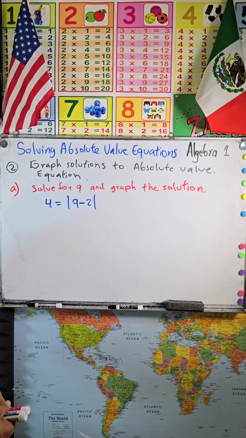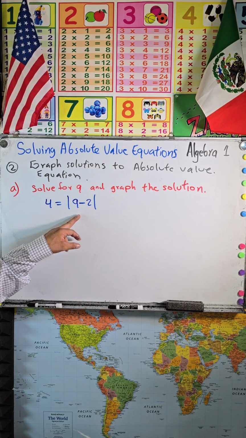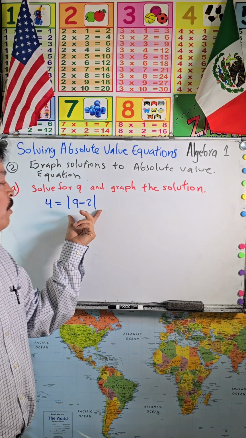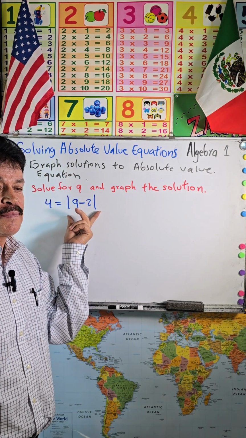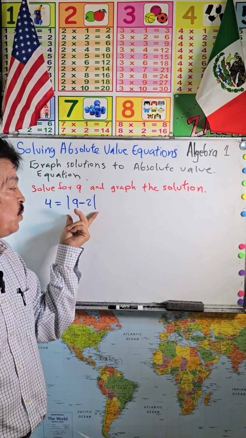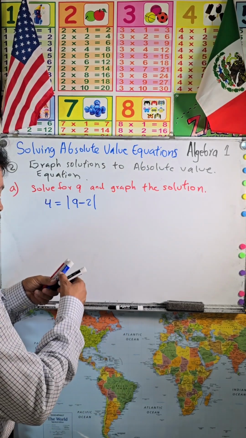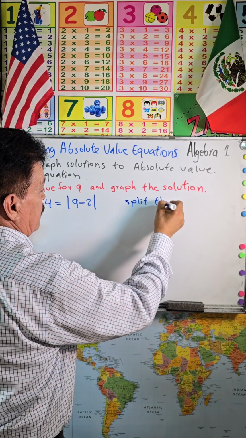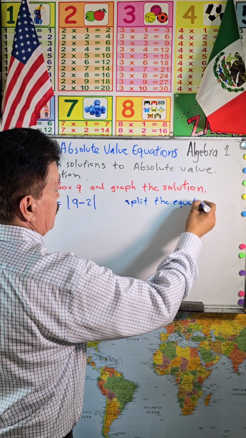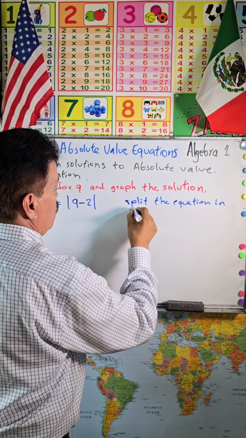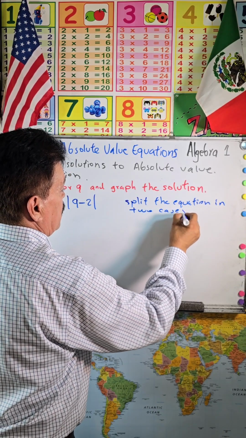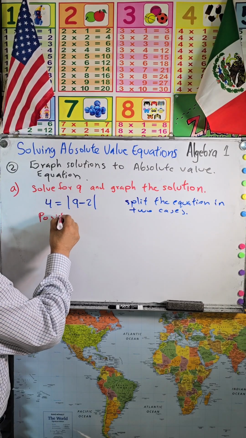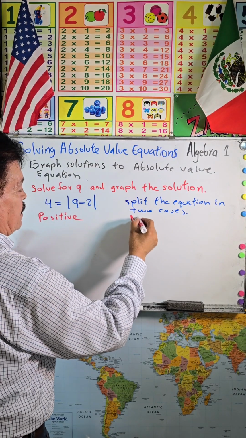Since Q minus 2 can be either positive or negative, split the equation in two: one is positive and the other negative.